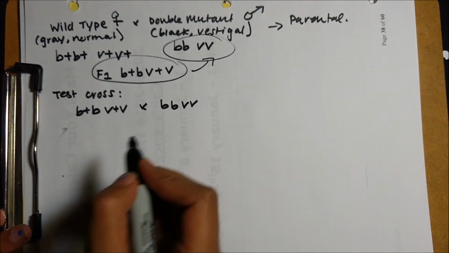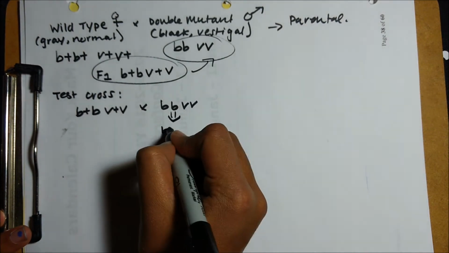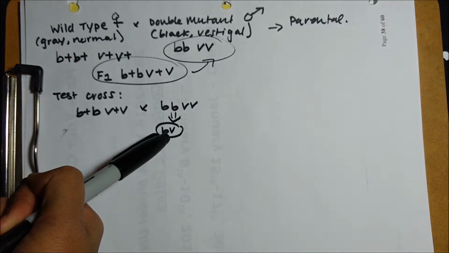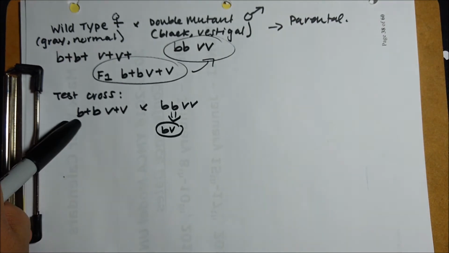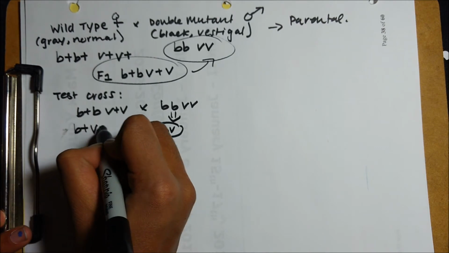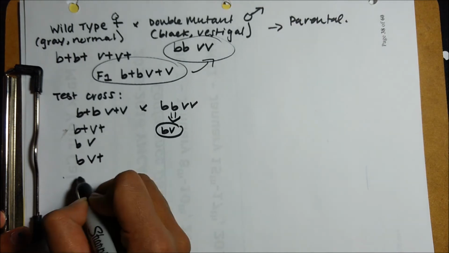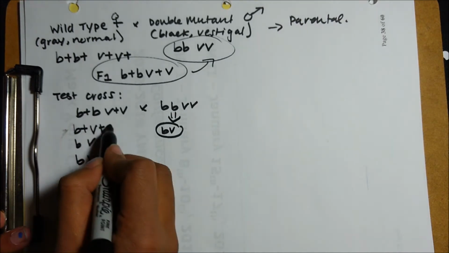Again, to make this Punnett square, let's list all the gamete possibilities. We only have this one for the male, and then for the female, we can have B plus V plus, BV, BV plus, VB plus.